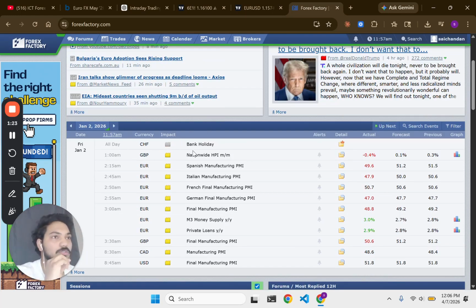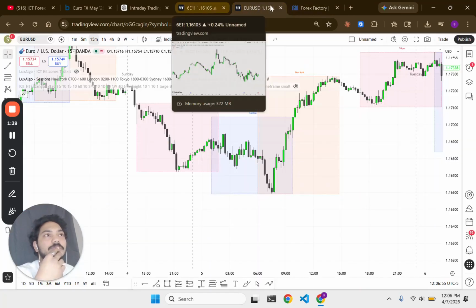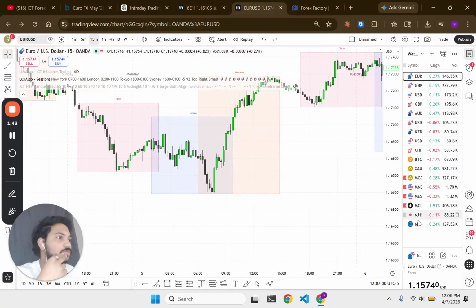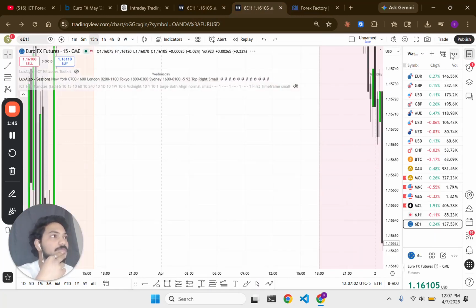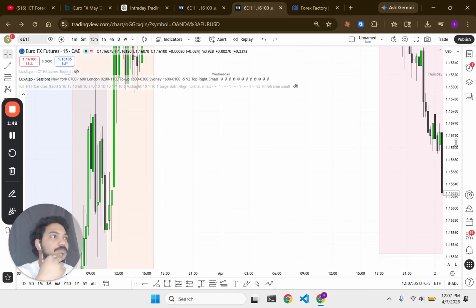We don't have much impactful news on that particular day, so all of them are minimal impact. Let's go to the chart. Let me change it to futures.